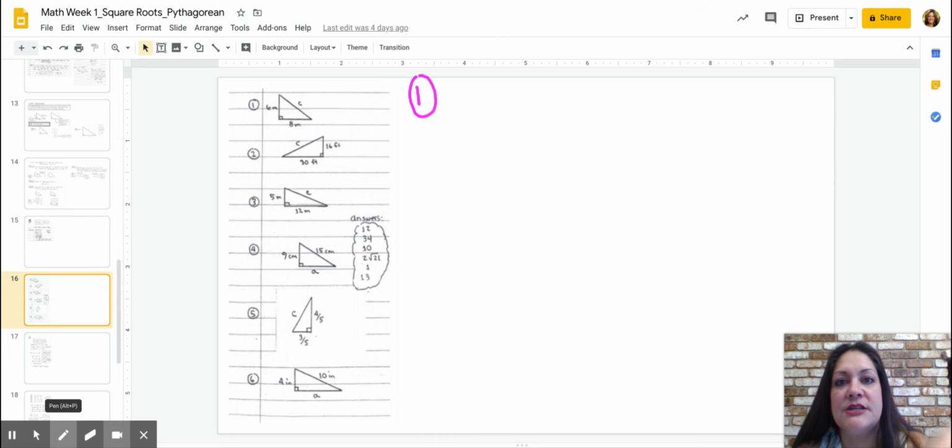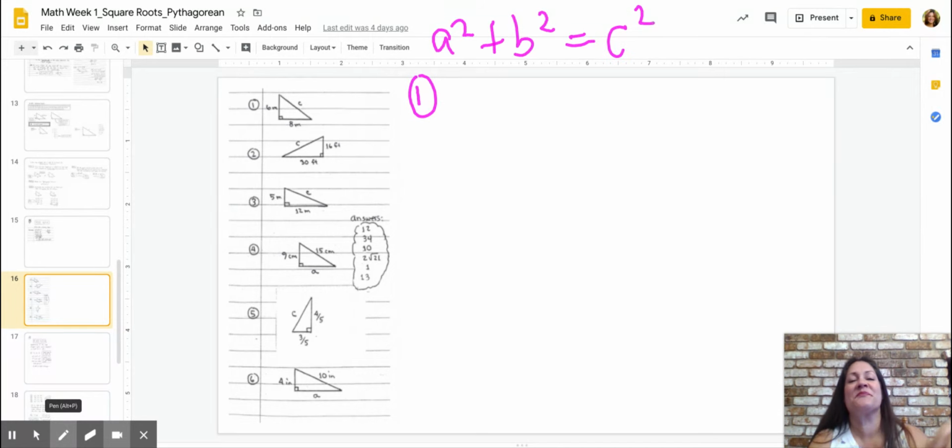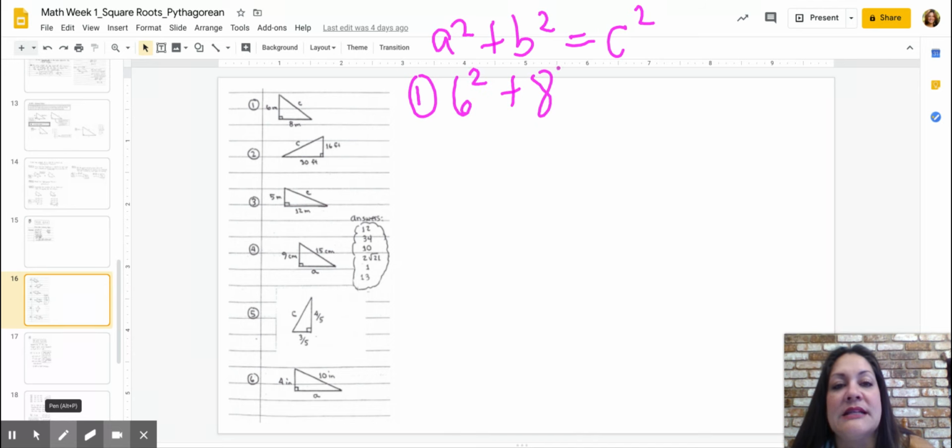We are always using a squared plus b squared equals c squared. So we have 6 and 8. 6 squared plus 8 squared equals c squared. 36 plus 64 equals c squared.